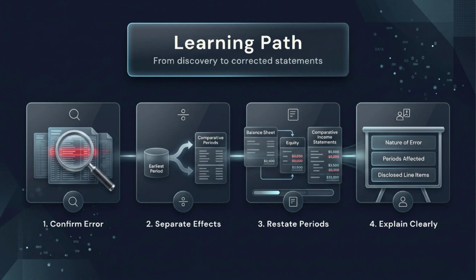Fourth, explain clearly through disclosure so users understand the nature of the error, the periods affected, and the line items changed. This sequence protects us from the most common mistake: throwing the whole correction into the current year and calling it done. Under ASC 250, that is usually not good enough for material prior period errors.